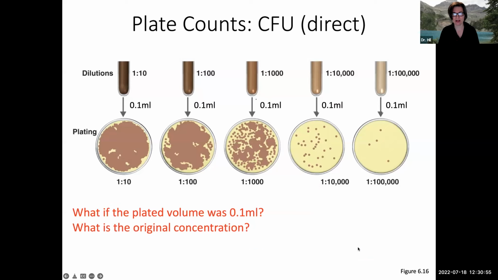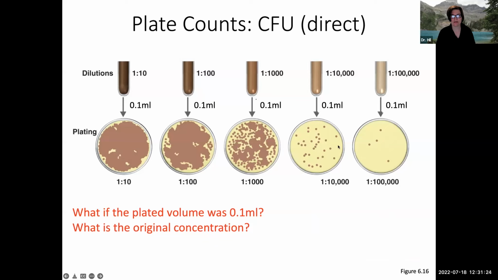Now, if I had gotten this data, but in my experiment I'd actually used 0.1 mL, what would the new concentration be? I'm just saying if we'd gotten this and the experimental parameters were actually different, what would our answer be in this case? Put that answer into the chat.